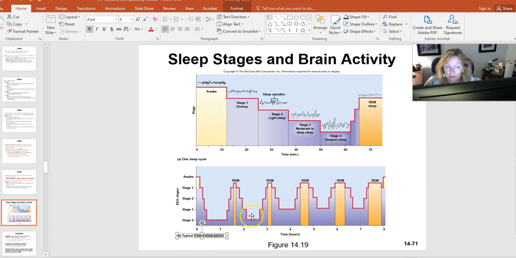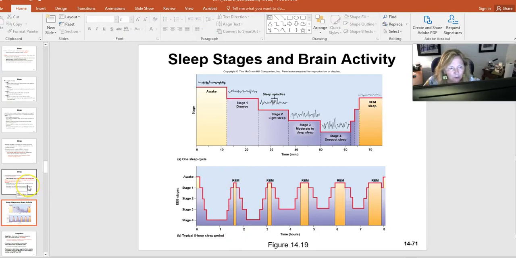But there are some people who would need 10 hours to get this pattern. There are some people who would need 12, believe it or not. It's whatever your body needs to get into this type of pattern. And this is uninterrupted sleep. So what they have done is taken one of these sections and blown it up so you can sort of see the different wavelengths that are happening during this pattern. I want to bring your attention to these bars that look kind of yellow here called REM.